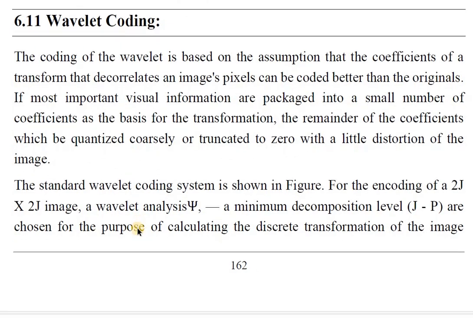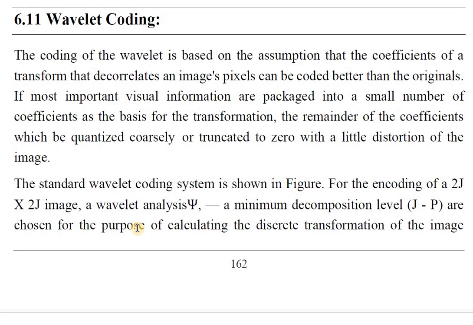Now the next concept is wavelet coding. We have not seen the concept of wavelets yet, so I don't expect you to understand this completely as of now, but just understand that we can use wavelets to reduce the size of our images.